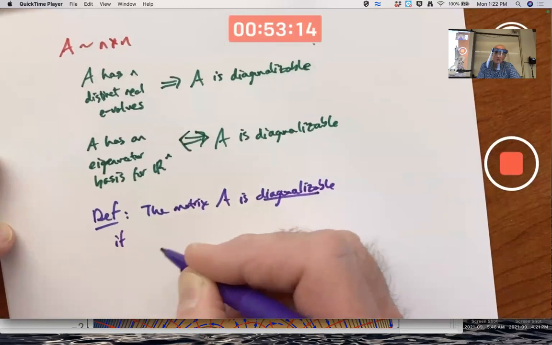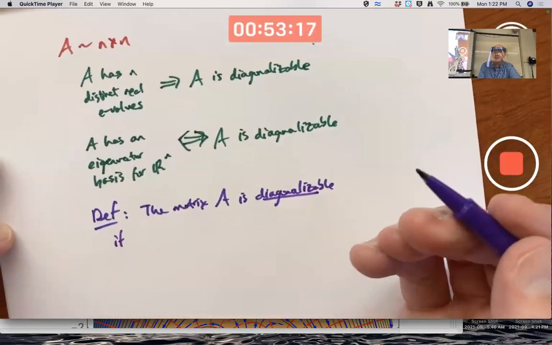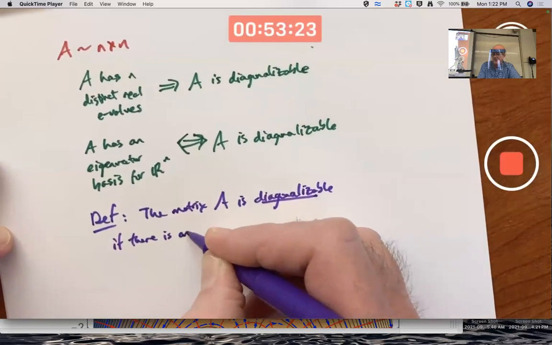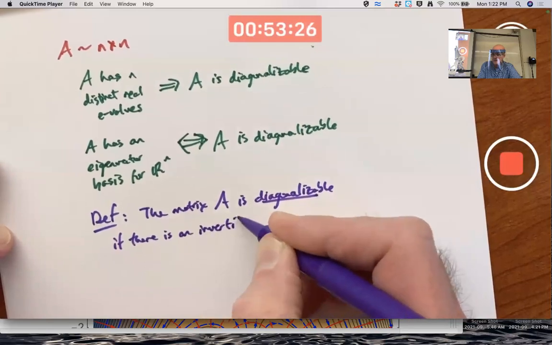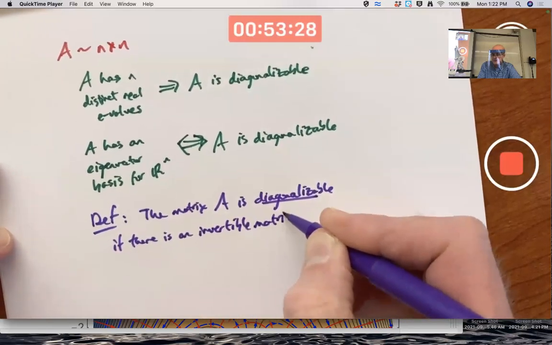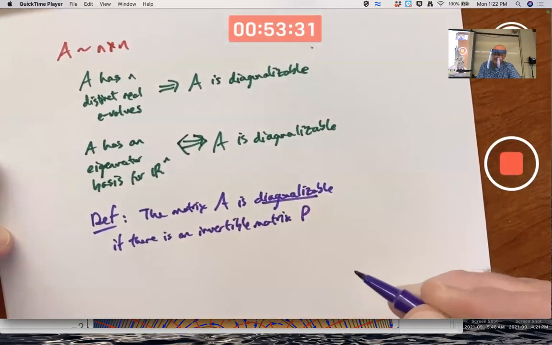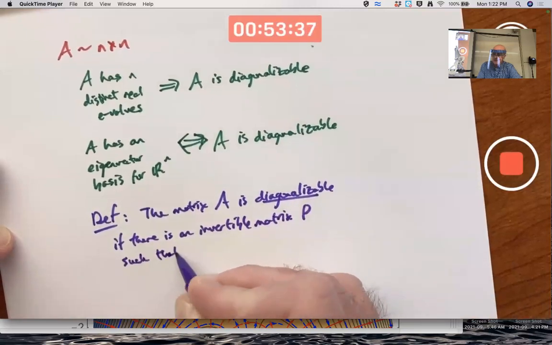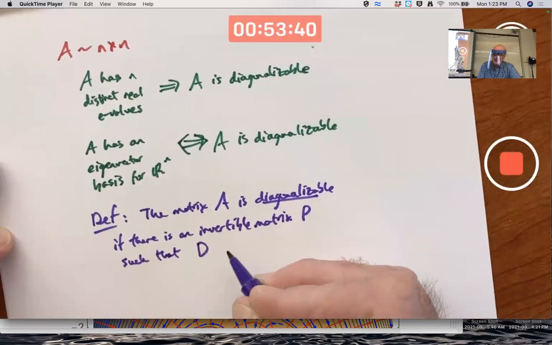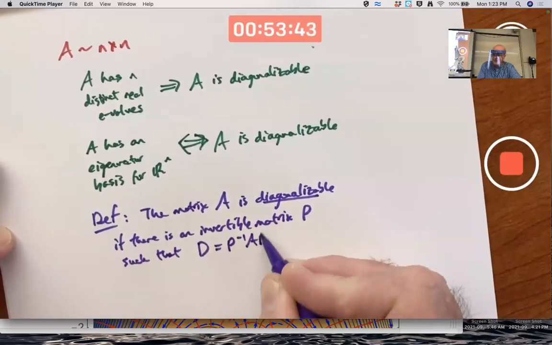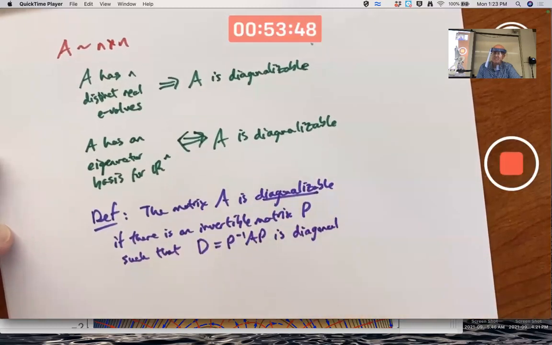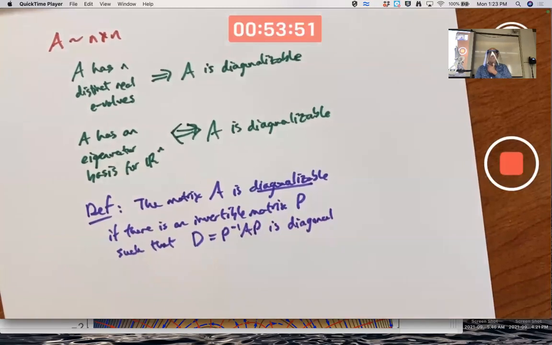If there exists an invertible matrix, a P matrix, a change of coordinates matrix, such that, call it D to be suggestive, D equals P inverse AP is a diagonal matrix whose only non-zero numbers are on the main diagonal from upper left to lower right.